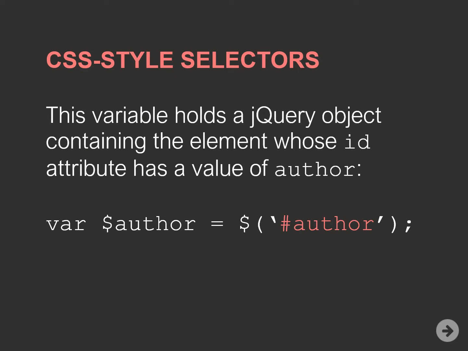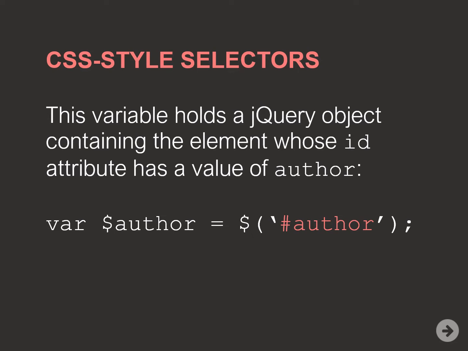Let's have a closer look at the CSS style selectors. I just want to mention that in the book chapter, which I also share with you, we have a complete list of CSS style selectors for jQuery. You can read the complete list there. And also we have a complete list of the methods, that means the functions provided by jQuery, which can help us process the elements.